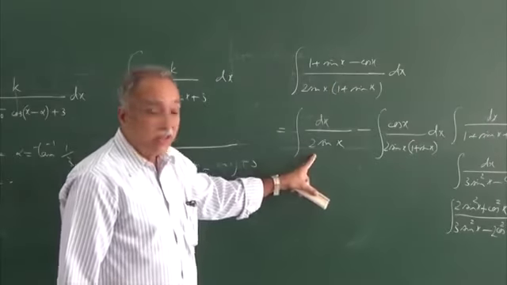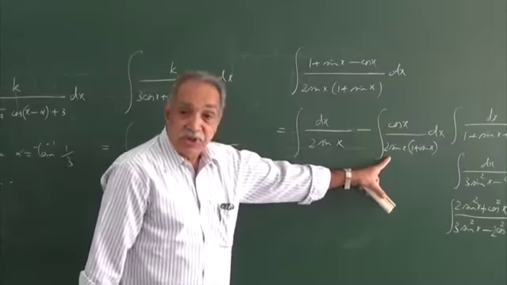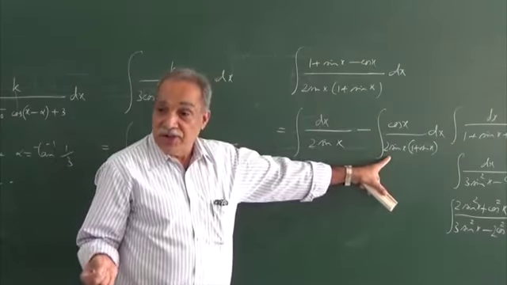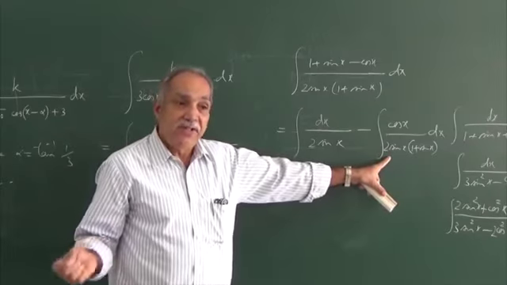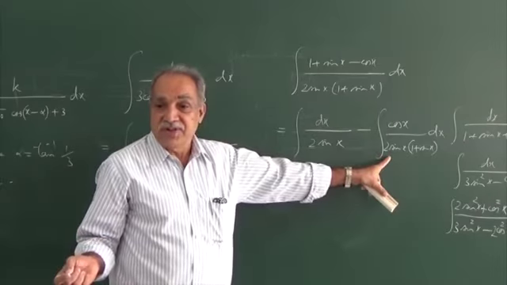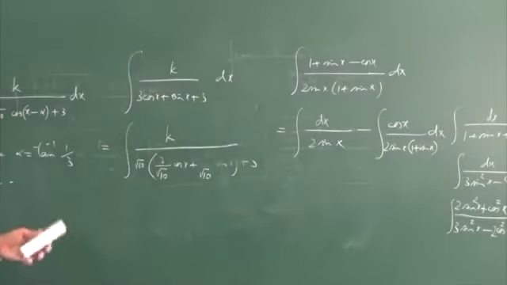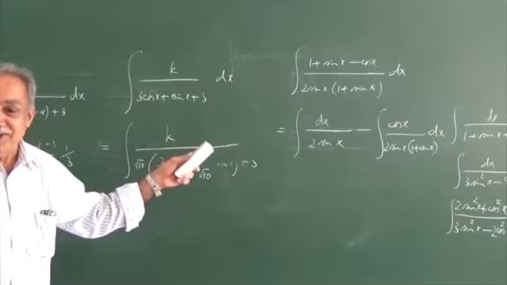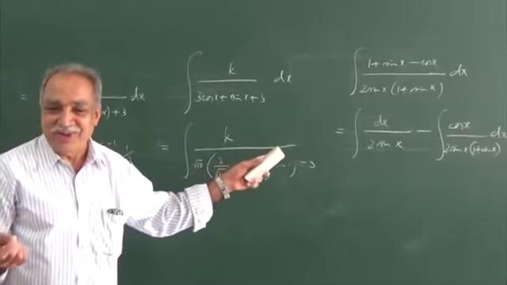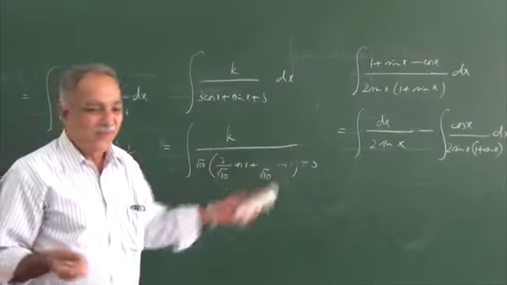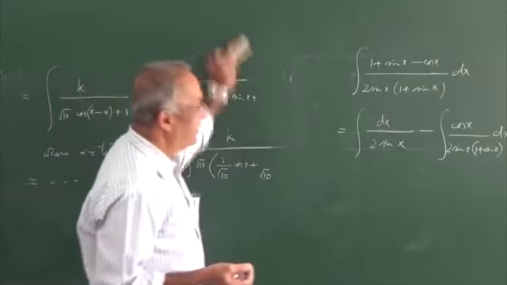Integration immediate, integration through substitution, later resolving into partial fractions and then use of standard results. I am not claiming that this is the shortest method, just one other simple alternative. Good.